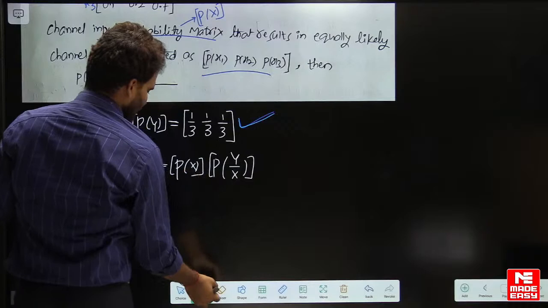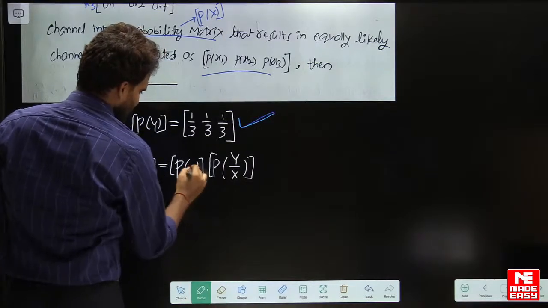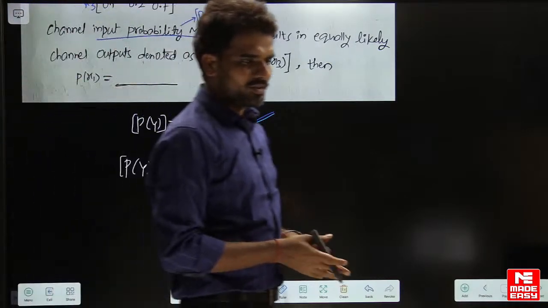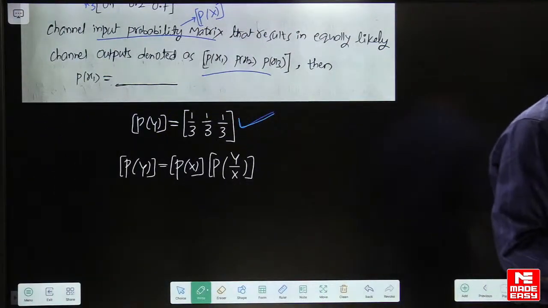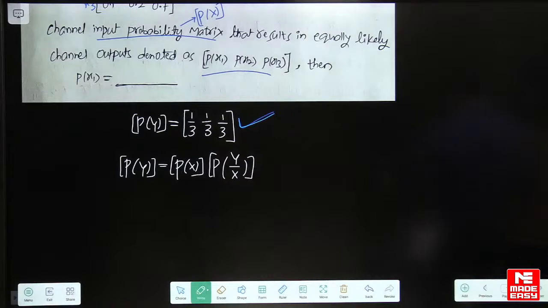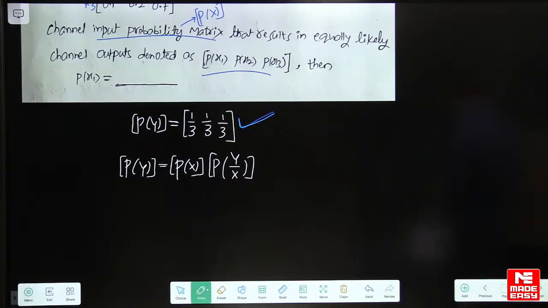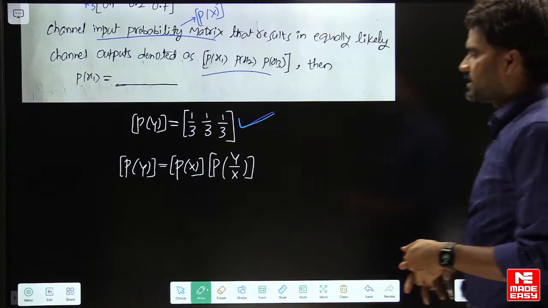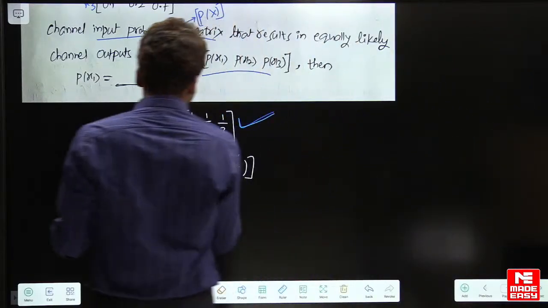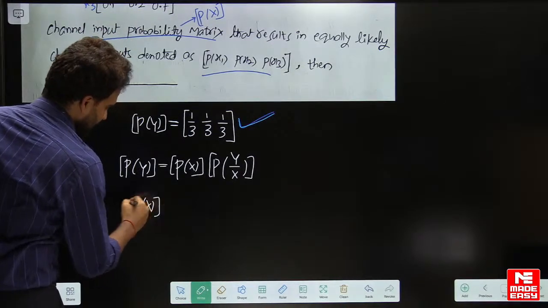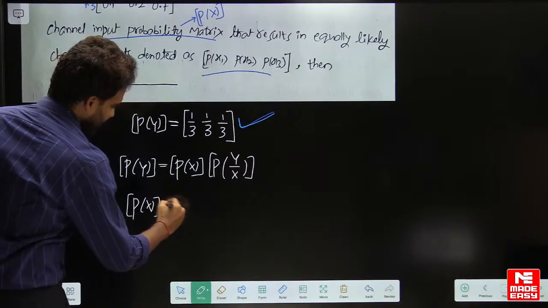It is a relation between these three matrices, P(X), P(Y), P(Y|X). What is the relation between these three? P(Y) is P(X) into P(Y|X). Now we need the P(X) matrix. How to get the P(X) matrix?